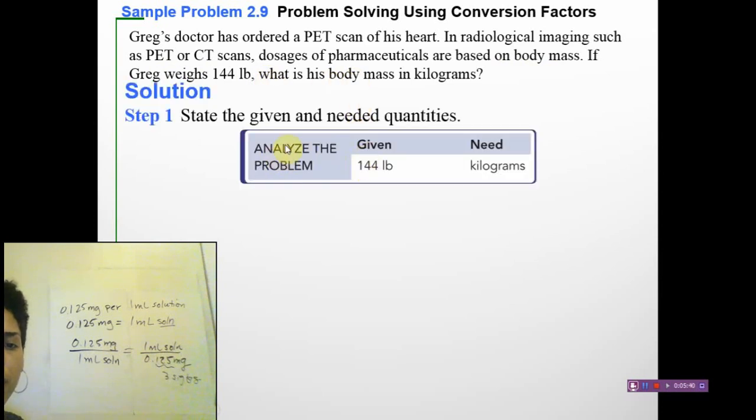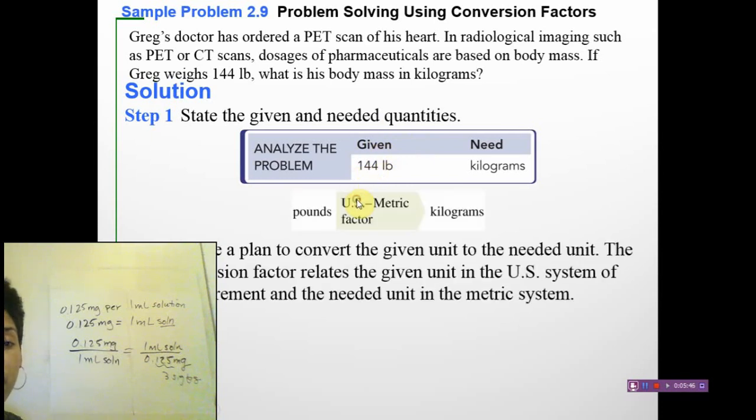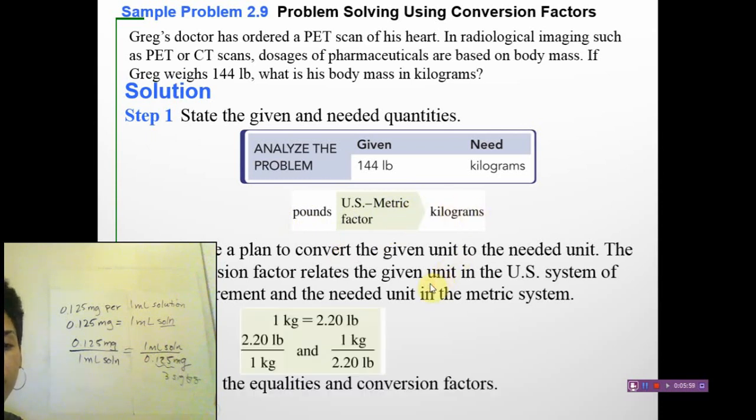Well, first we state the given and needed quantities. We have 144 pounds and we need kilograms. Then we're going to write a plan. We need to go from pounds, and then we need a US to metric factor to get to kilograms. Here's the conversion that we use: 1 kilogram is 2.2 pounds.